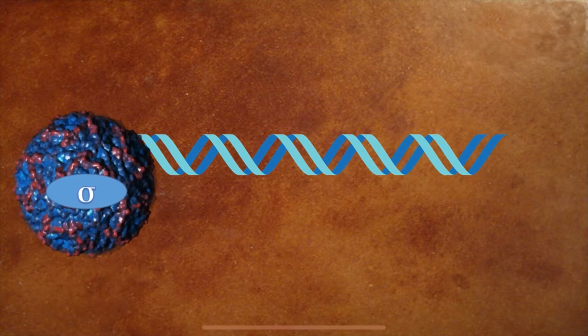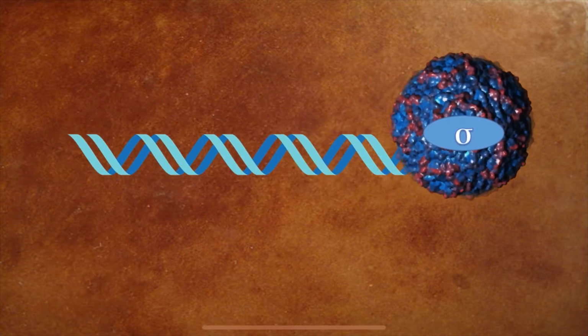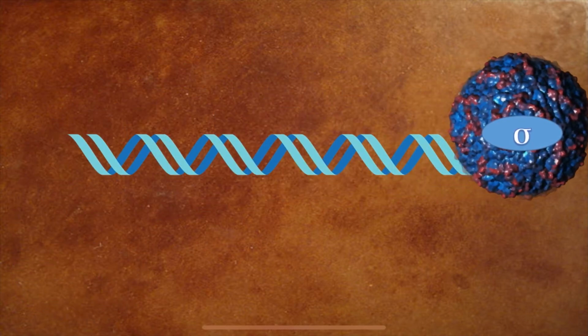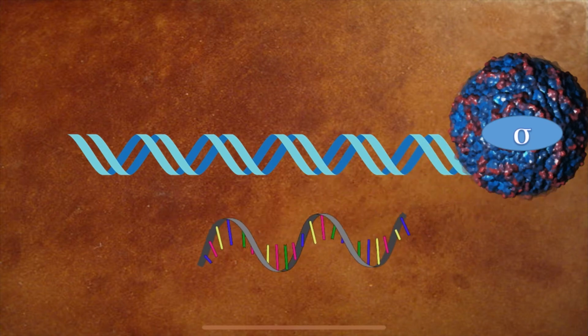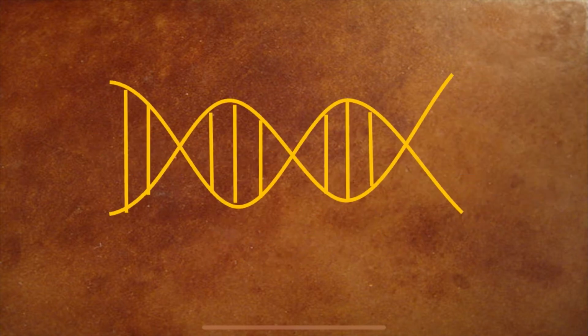So as per the structural gene, the RNA polymerase will work, and the RNA will be synthesized. So let us learn quickly and in detail, stepwise, how RNA transcription takes place.